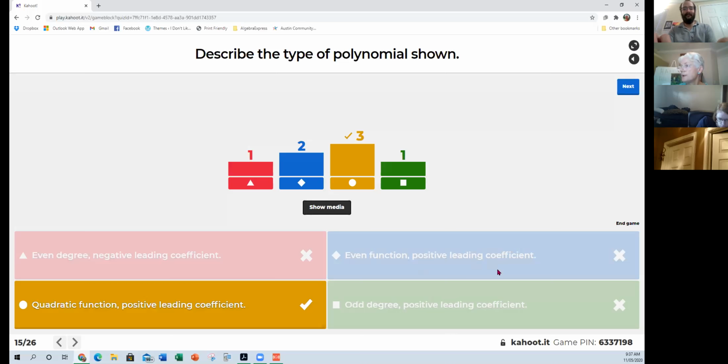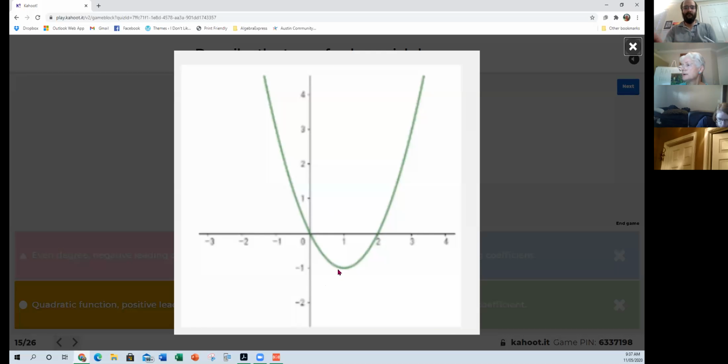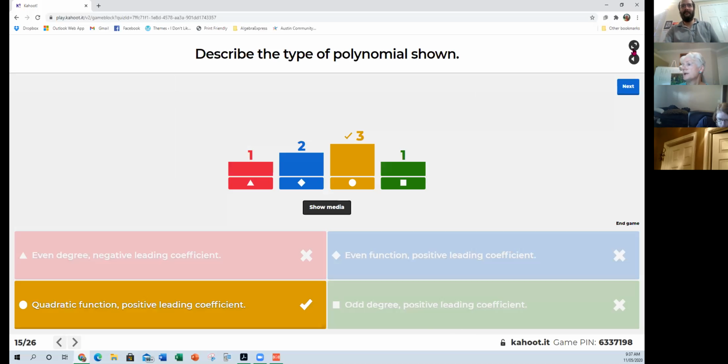So if you picked positive lead, that's good. Odd degree, if you count here, there's just one hump, so it's going to be even degree. So it's a quadratic function with a positive lead. That's the only one that would appropriately describe that graph. Does anyone have a question over that?